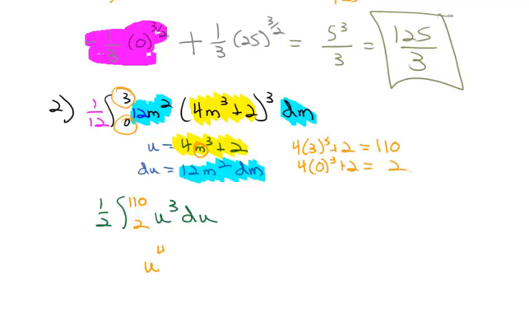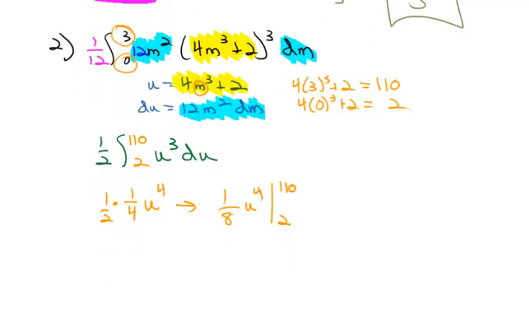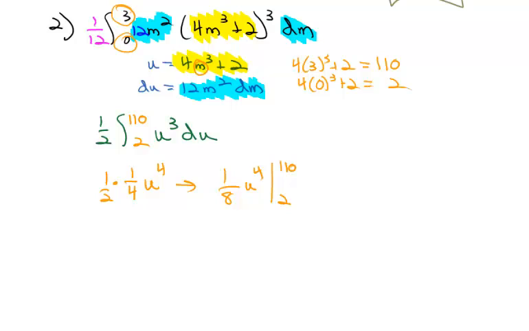We know that's going to be u to the 4th, multiplied by the reciprocal of 1/4, times the 1/12 out front, so we've got 1/48 u to the 4th, integrated from 2 to 110. Plugging that in, we've got 1/48 times 110 to the 4th power minus 1/48 times 2 to the 4th power.